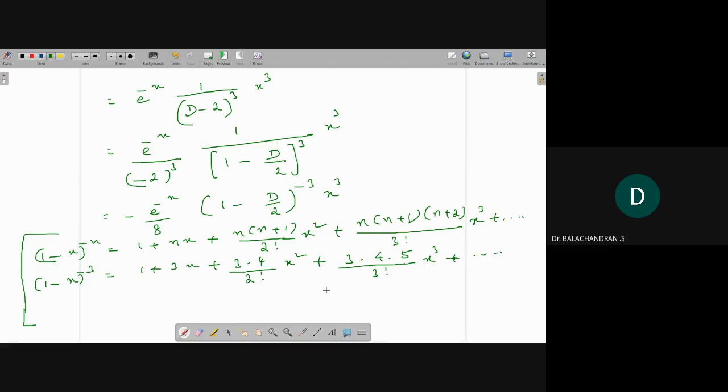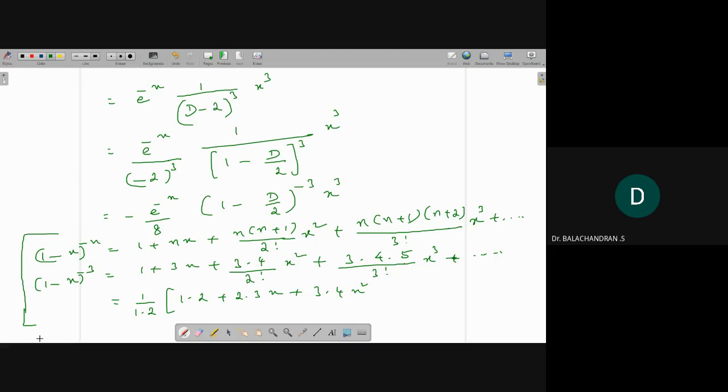Okay. So here I'm going to rewrite this like this. I take 2 commonly, so 1 by 1 into 2, so I will write 1 into 2. Here 2 into 3. Here this is 2 factorial. If I take 2 commonly, what remains is 3 into 4. This is 3 factorial, which means 1 into 2 into 3.